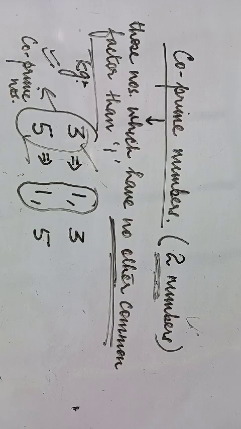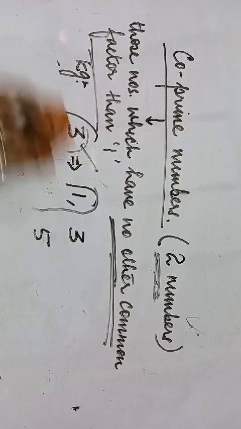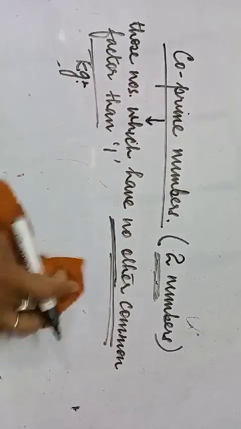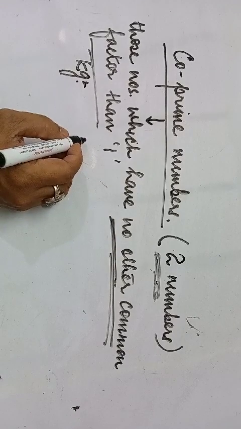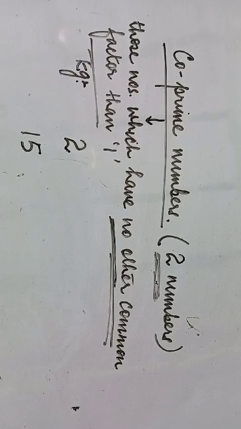So we will take up an example where the individual numbers are not prime, but when you put them together, they become co-prime. So let's take an example of 2 and 15.